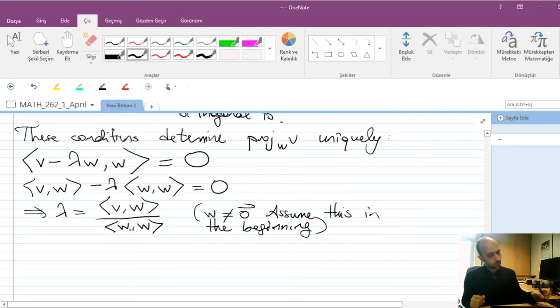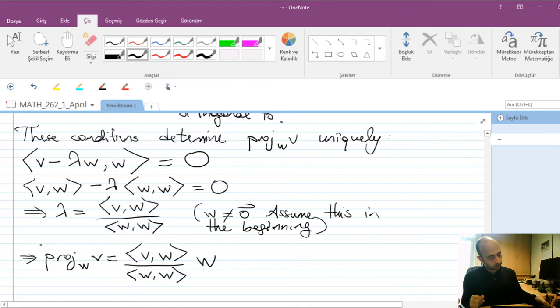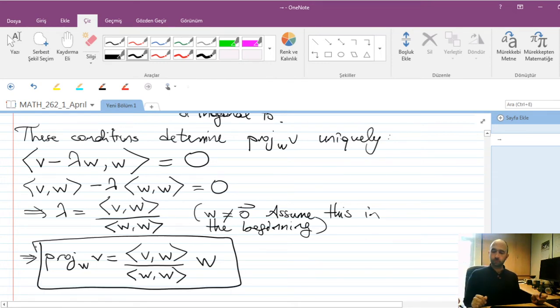Okay. So, by the way, this gave us the formula in a unique way. So this must be the formula for the projection.